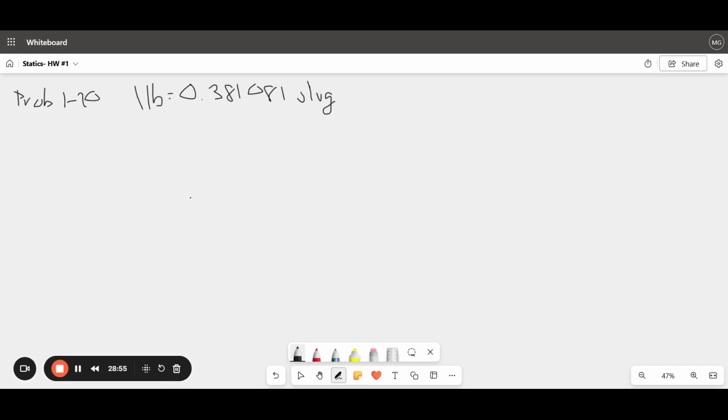For the second part, you're going to have to use this conversion, so 1 slug is just going to equal 14.59 kilograms.